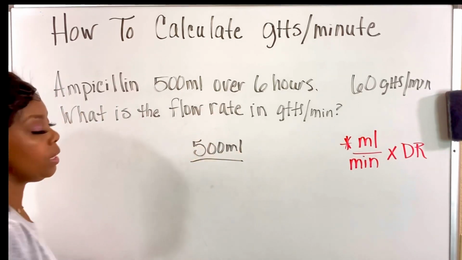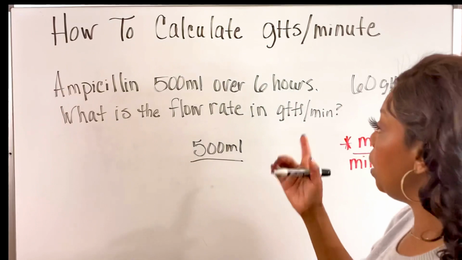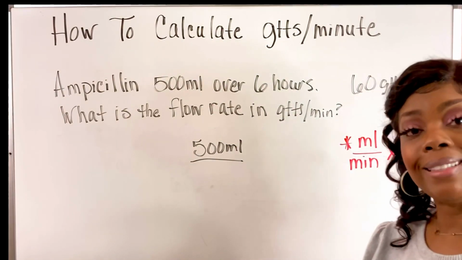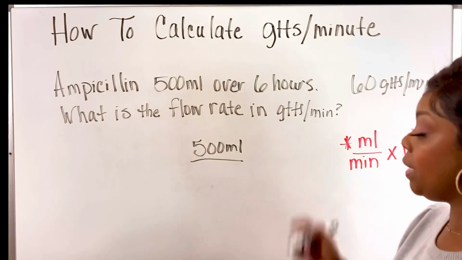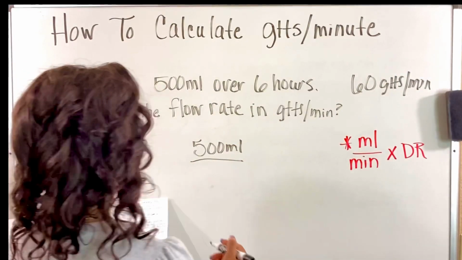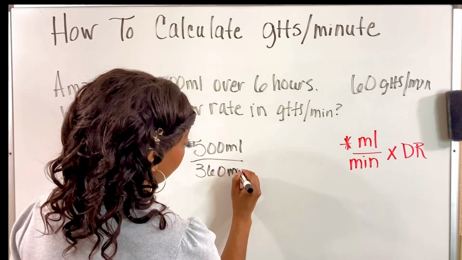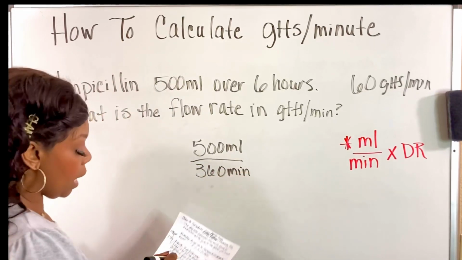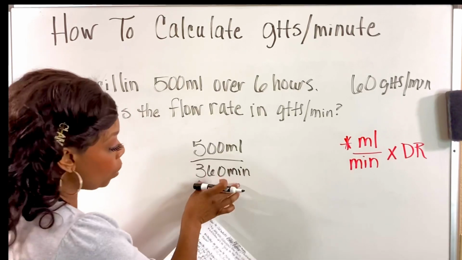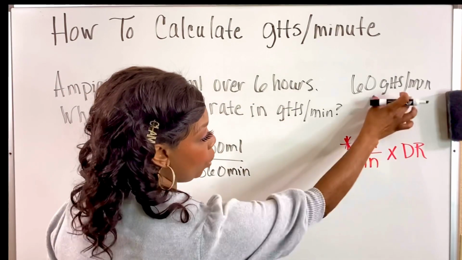We need to break that 6 hours down into minutes. Each hour represents 60 minutes, and so we have 6 hours, so 60 minutes times 6 is going to be 360 minutes. Okay? So this is how long this is going to run. It's 360 minutes. Okay, and since we don't have a drop rate, we're going to use this one right here.